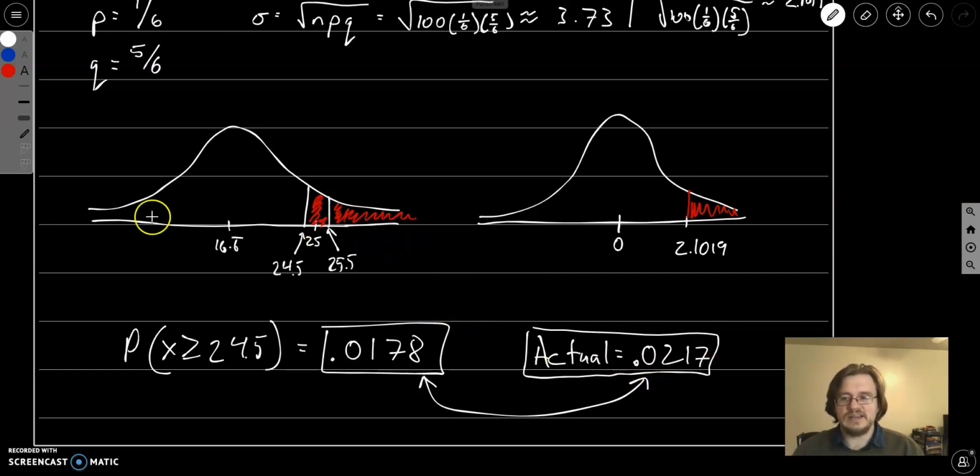And what you'll notice is that even with 100 dice, even having 100 trials, this is not quite the same. However, if we were to roll 200 dice, 500 dice, 1,000 dice, these approximations would get closer and closer and closer. So the approximations get better when there are more trials.